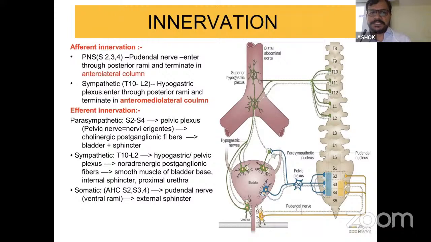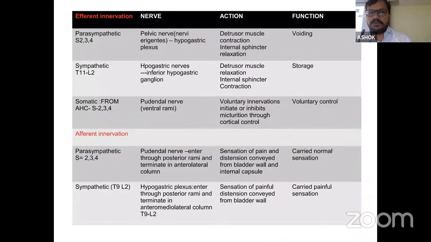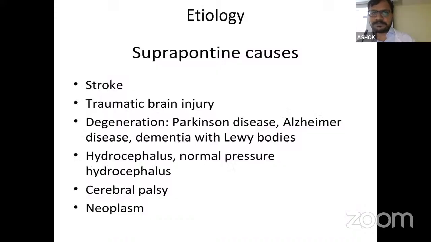In afferent innervation, parasympathetic S2, 3, 4 via the pelvic plexus, and sympathetic T10 to L2 via hypogastric and pelvic plexus. Voiding is initiated by the pelvic nerve through detrusor muscle contraction and internal sphincter relaxation via parasympathetic S2, 3, 4. Sympathetic function is storage via detrusor muscle relaxation and internal sphincter contraction through the hypogastric nerve.